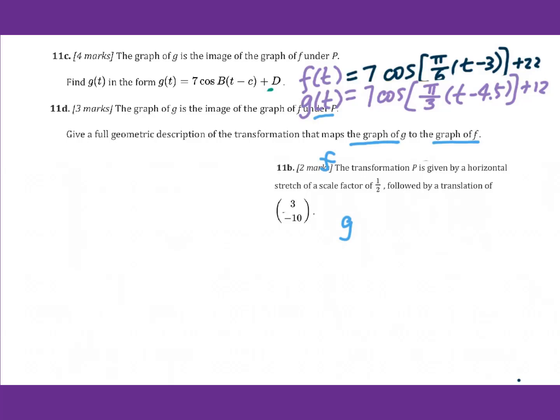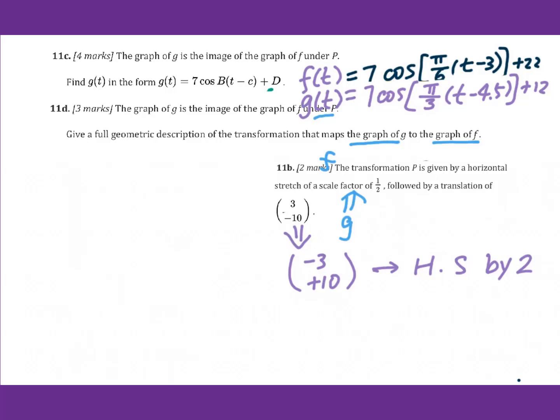We got to do the backwards now, from g to this f. Then for this vector, you got to change it into -3, +10. Then you do horizontal stretch by factor of 2.